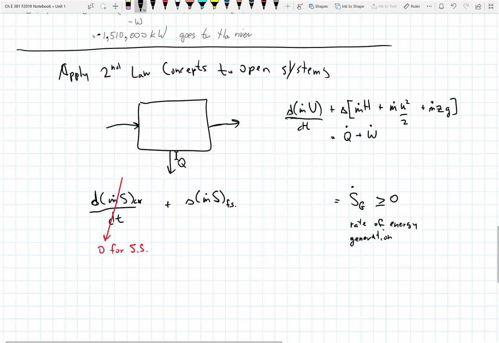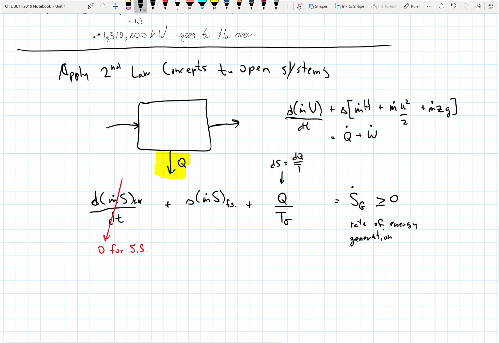All right, so now there's one more piece of the entropy balance that we need to account for, and that is this heat term right here. That comes into play through an additional term where we account for the heat, and remember that dS is equal to dQ over T, and so that's where that is right there.